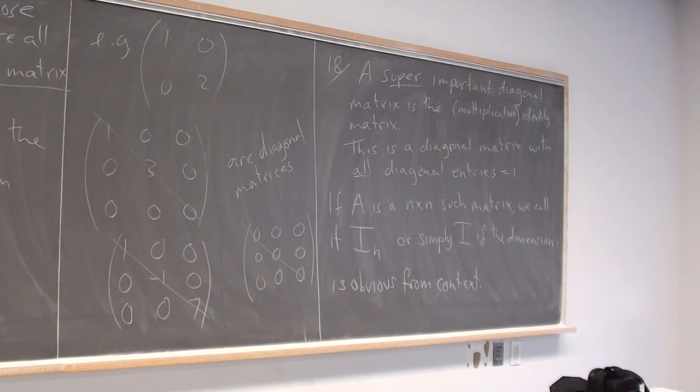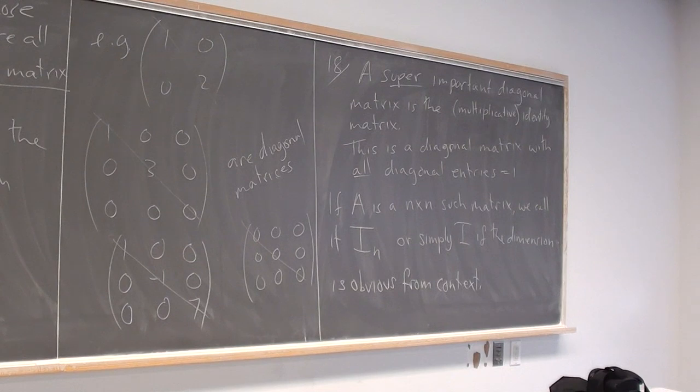So we're going to write down some examples of an identity matrix. I_2, for example, is the 2 by 2 identity matrix, which is just 1, 0, 0, 1. I_3 would be the 3 by 3 identity matrix: 1, 0, 0, 0, 1, 0, 0, 0, 1. All along my main diagonal they're just ones, zeros everywhere else.